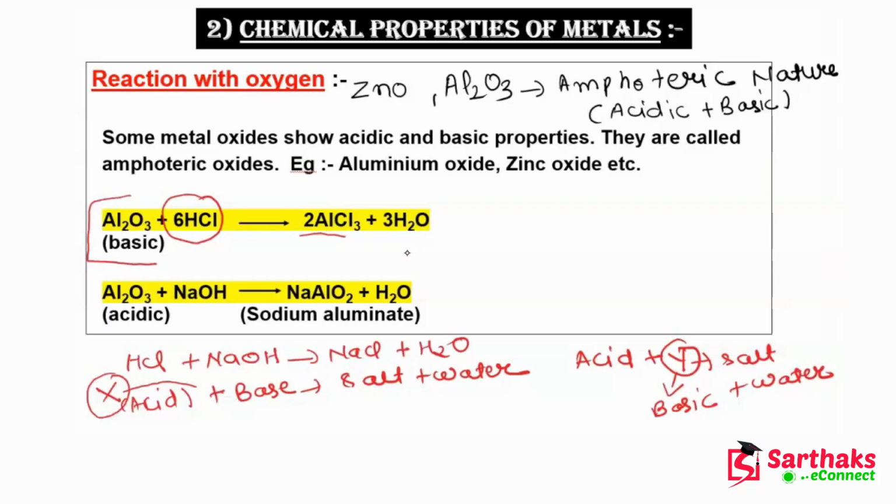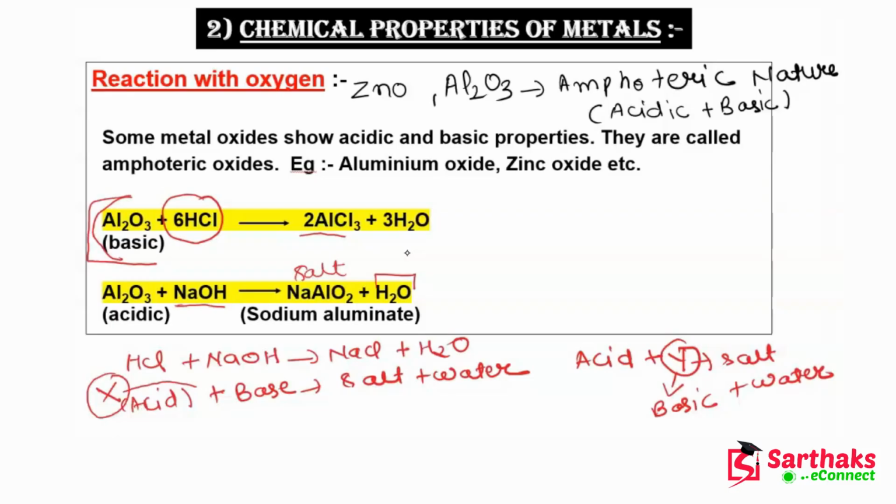So that means this Al2O3 is basic in nature. Now on the other hand, when it is reacting with NaOH, it is forming NaAlO2, which is a salt, and also it is forming water. So it means here it is acting as an acid.